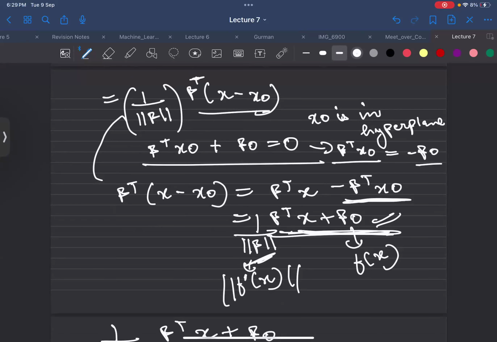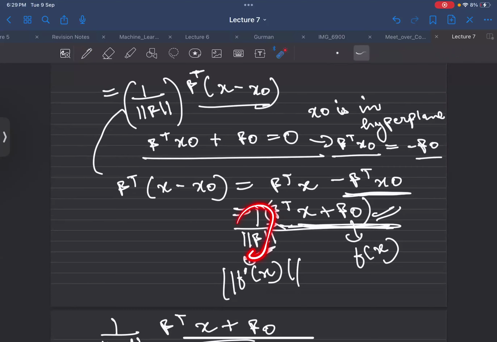Why are we taking differentiation of this, not this part? This is f(x). This part is f(x). I'm differentiating this part. Okay, okay. It's nothing, just another notation. Okay, understood. What about others?